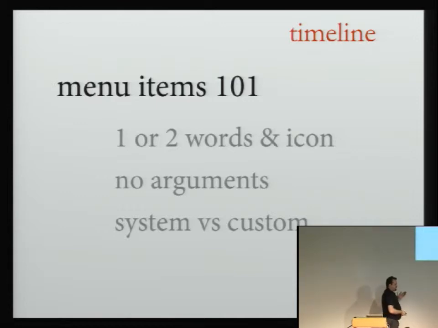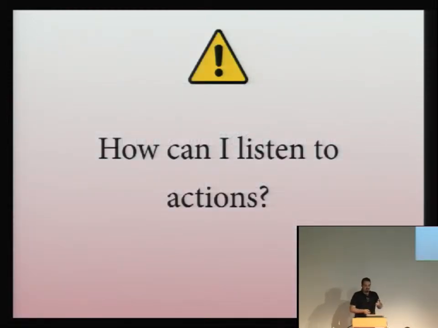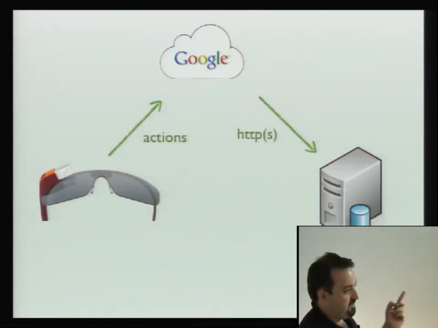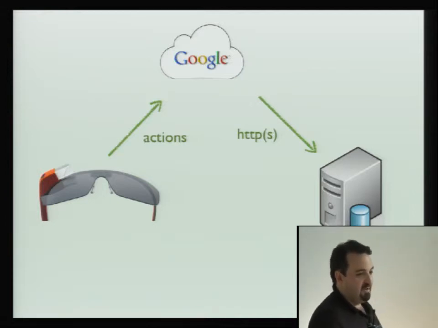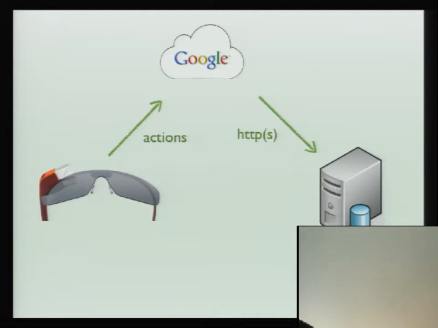We have system or pre-built menu items and customized items, so I can create the items I want. How can I listen to this action from my app? Same architecture, right? HTTP. HTTP means you are doing a Java, PHP, Node.js, or .NET application. That's the way you create these apps server side.